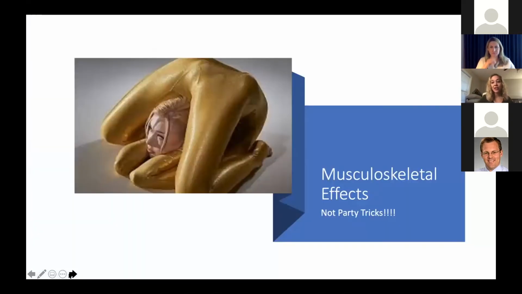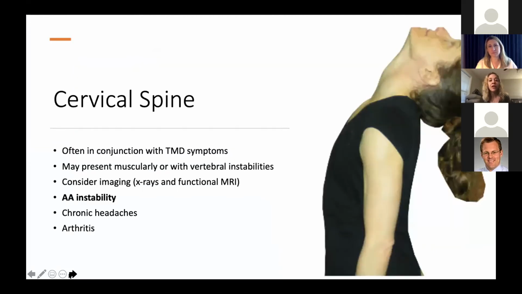So I'm going to talk a little bit about the musculoskeletal effects. A lot of these things are very interesting and kids think they're cool, but these party tricks are not safe and really should not be encouraged. The cervical spine often has dysfunction in conjunction with the jaw, the thoracic spine, and the shoulder.